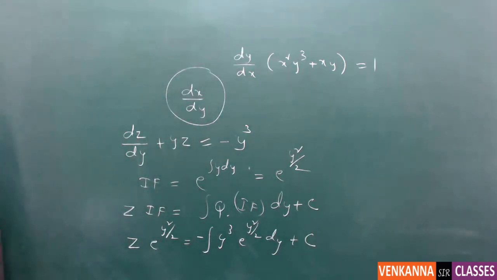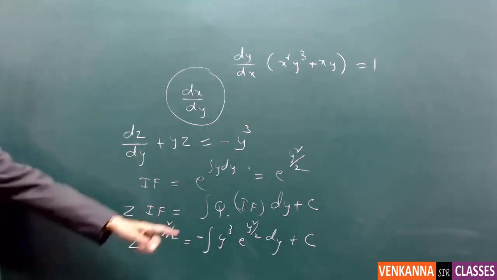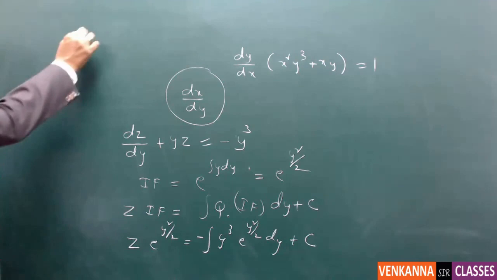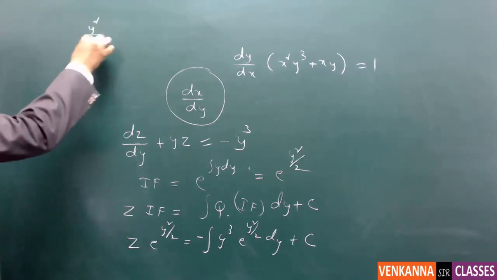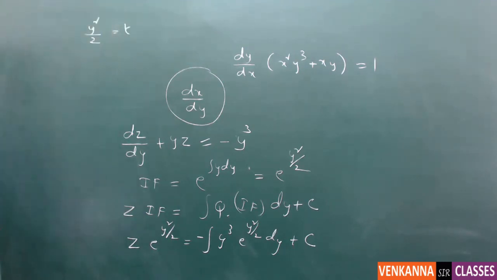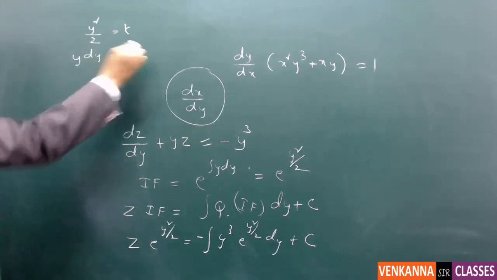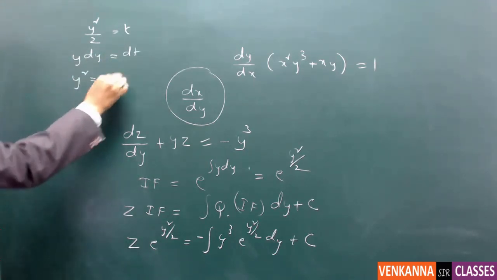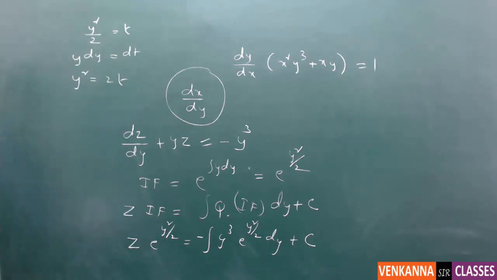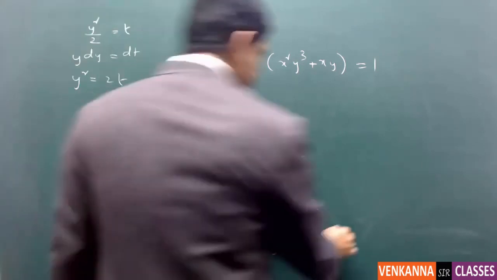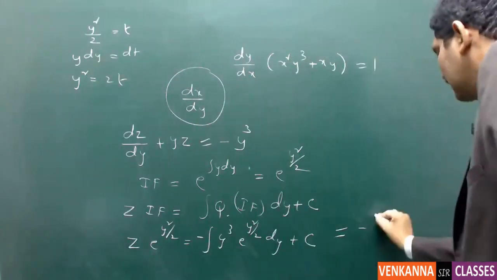Now I want recommendations from your side how to evaluate the integral. Yeah, very good. So take y square by 2 is equal to t. So y dy is equal to dt and y square is equal to 2t. So by making these substitutions here, it will come as minus.